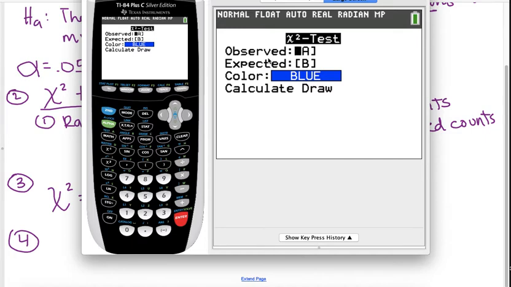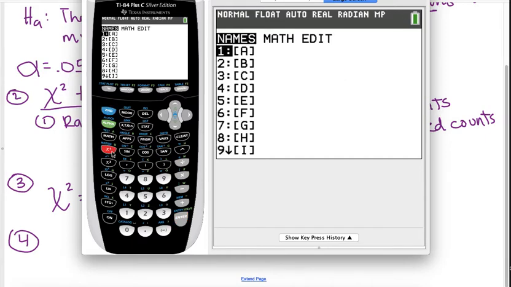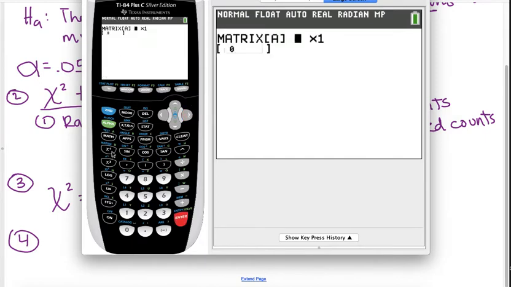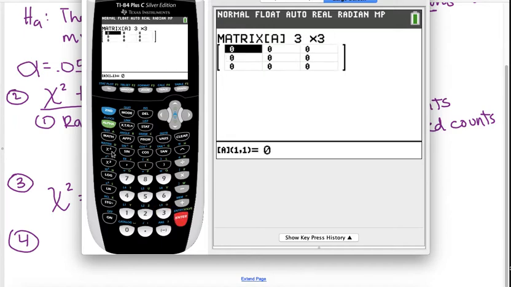So I'm going to put my observed into matrix A. I'm going to go to matrix, and go over to edit matrix A. In this case, we need a matrix that is 3 by 3. Notice that I am not going to put in the totals. I don't need to compare totals because I expected 84 and I observed 84. The totals are not part of the matrix here.